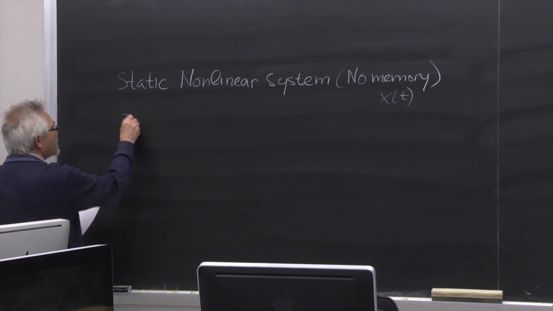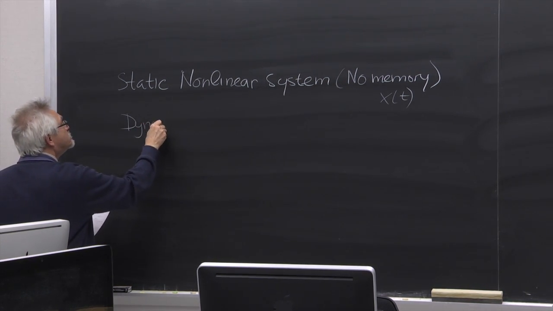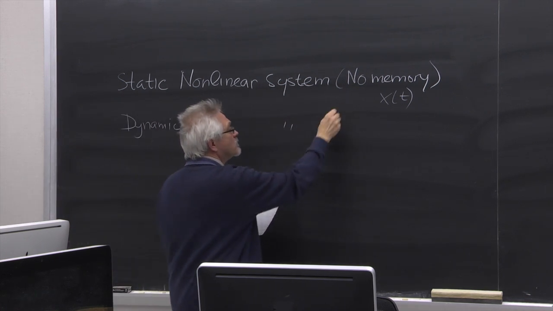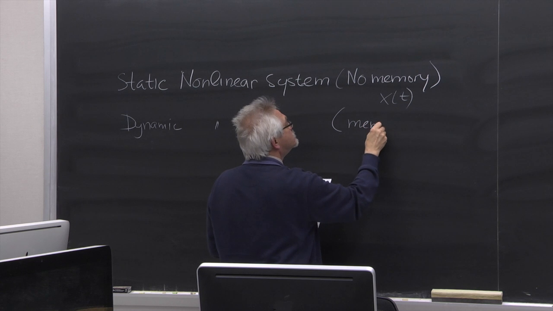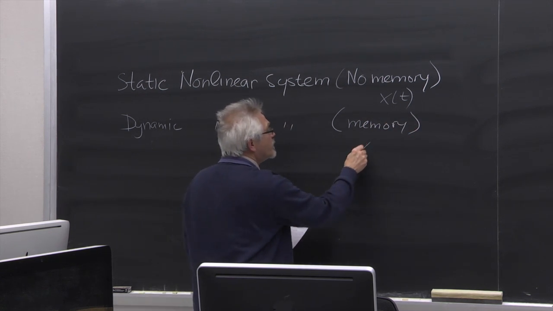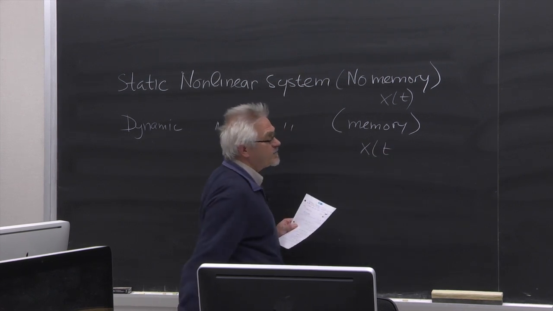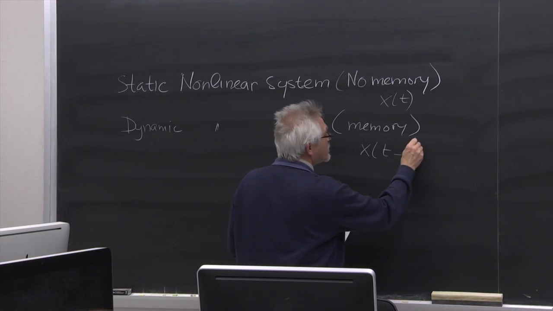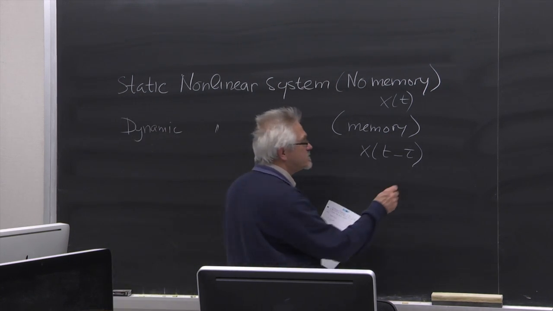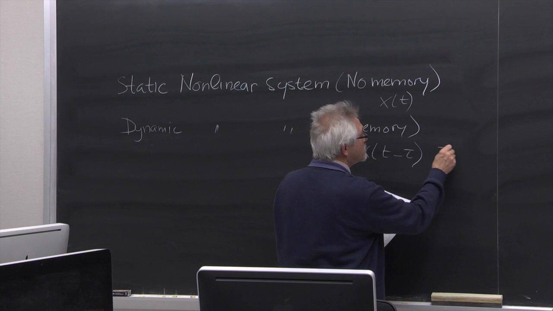If you have a dynamic version, then there is memory. And then, of course, the current input at time t, but also with some delay, the past input is determining what's going on.